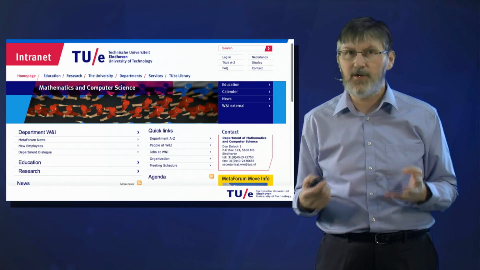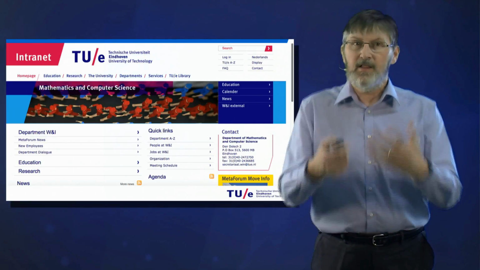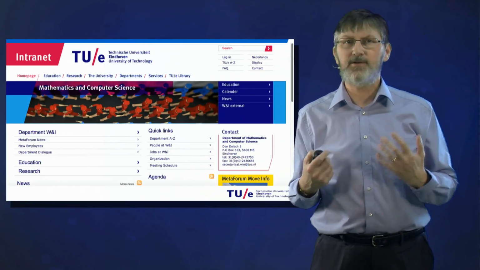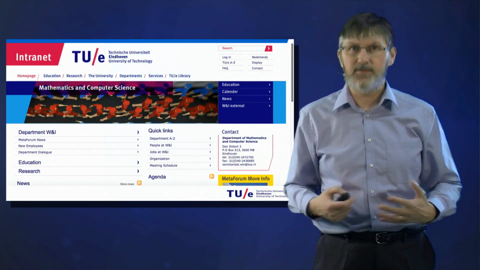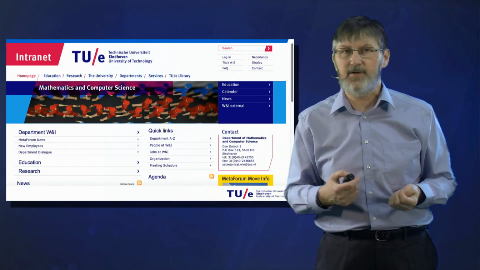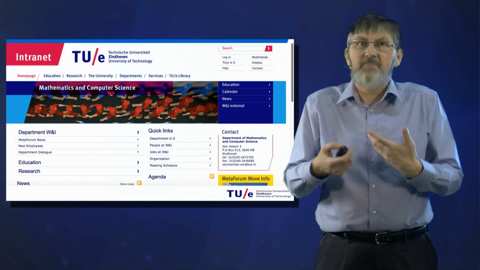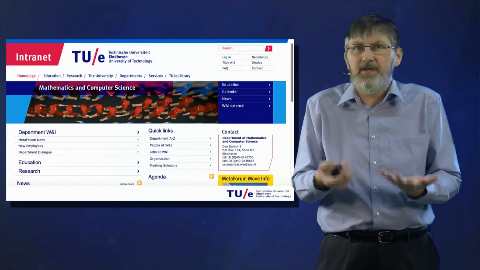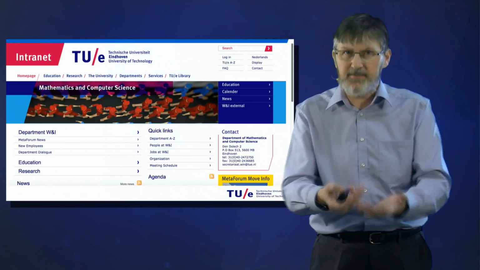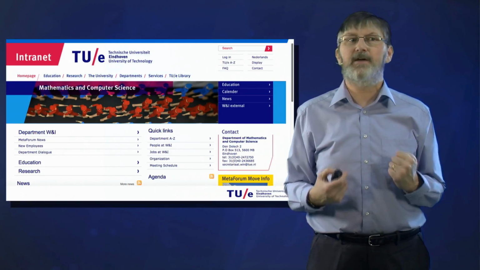It's a reasonable question to ask, where is search going to search? Is it going to search within the Department of Mathematics and Computer Science, which is the website I went to, or is it going to search throughout all the websites of all the departments of the university? My impression is that it would be logical for the search to search within the department website, since I went to the department website.